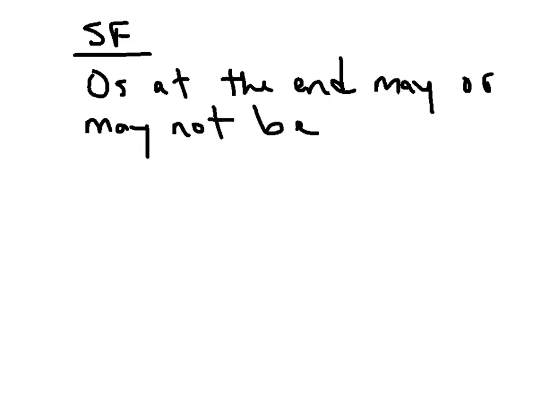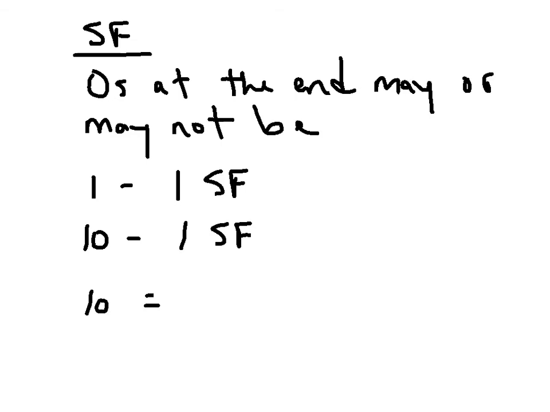Okay, sometimes this is a tricky one for students, so the only thing you really need to be on the lookout for is: is there a decimal or not? A few examples. 1 has 1 sig fig. 10 also has only 1 sig fig. But 10 point, with the decimal, has 2 significant figures.